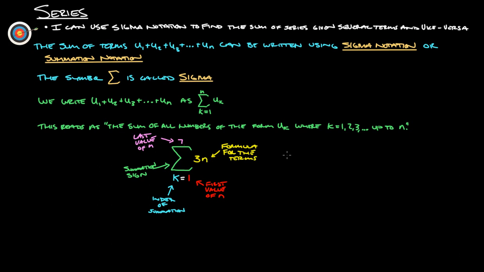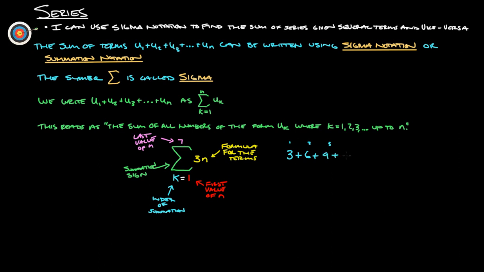Plug 1 in for n, and that's going to be 3, right? And then we plug 2 in, and again, we're going to add these all together, so instead of putting a comma, I'm going to put plus. So we put a 2 in. 3 times 2 is 6. That's the second term. So the next number is 9.